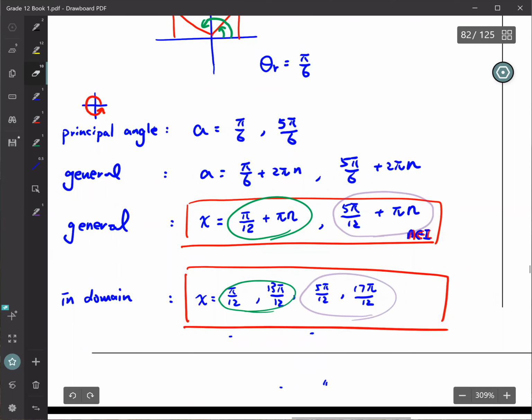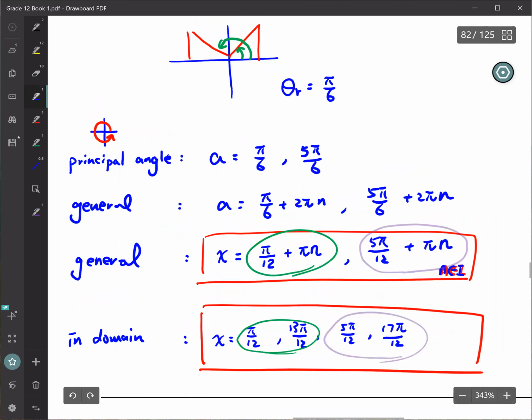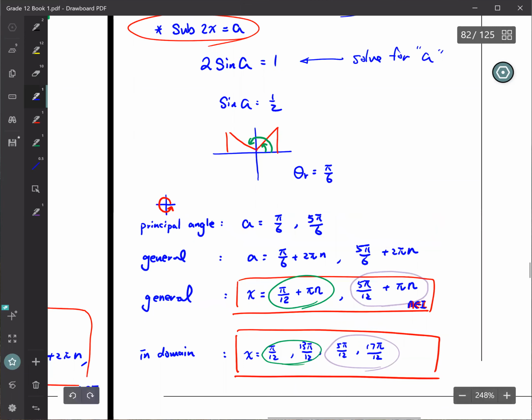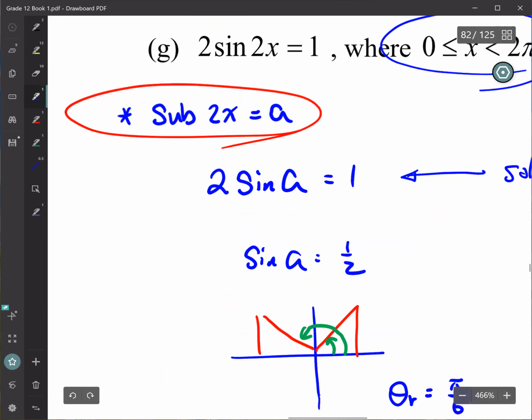Wait, why is it pi n and not 2 pi n? Because a is 2x. Remember, we replaced 2x as a. So this is saying that a is double the x. Make sense so far? Yeah.